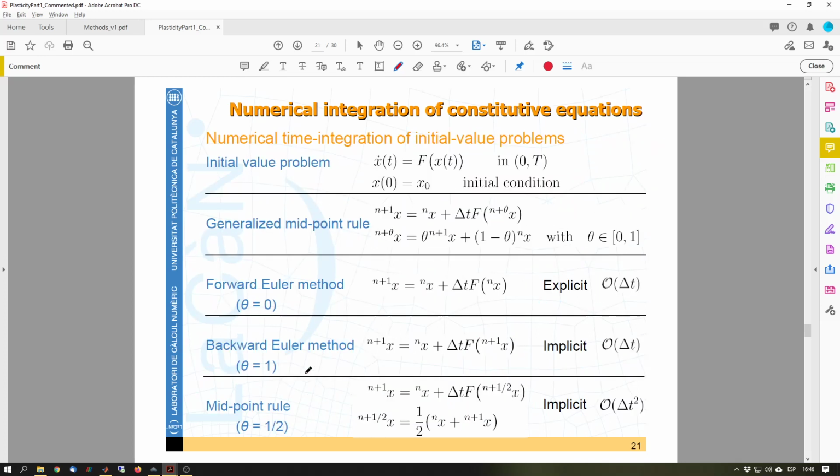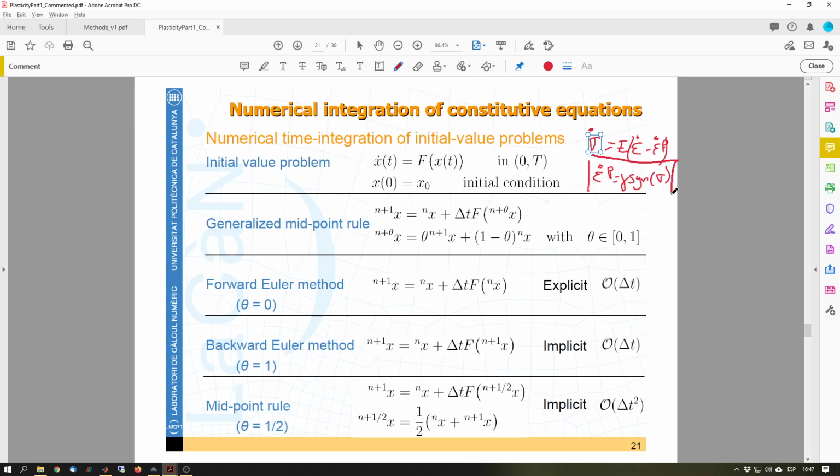Moving forward, we mentioned that we have this differential equation which says sigma dot is equal to E times epsilon dot, so this is all in strain rates. But we have a differential equation that says that my epsilon p dot is equal to gamma by the sign of sigma.